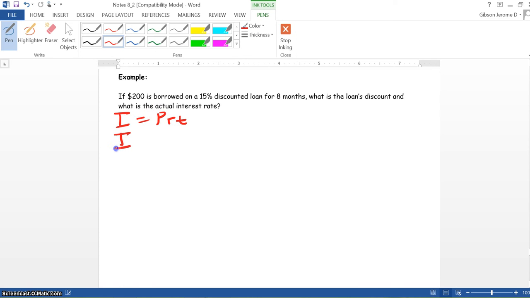Now we don't know what the interest is, so it'll be 200, which is the principal, times the rate, which would be 0.15, times the time, it'll be 8/12. Now, we have the interest is equal to 200 times 0.15 is 30 times 8/12.